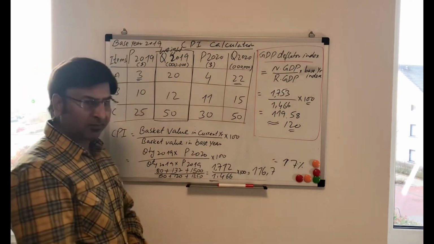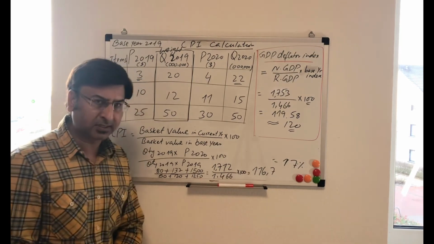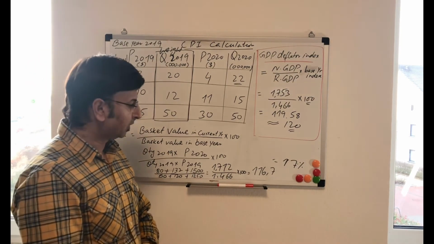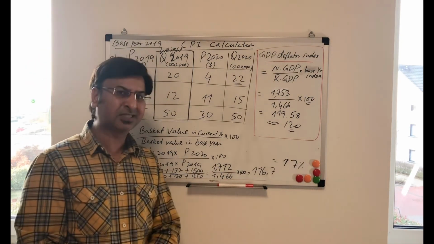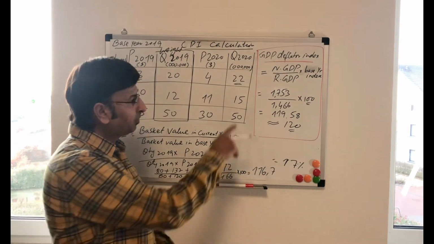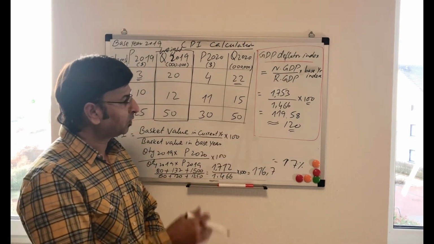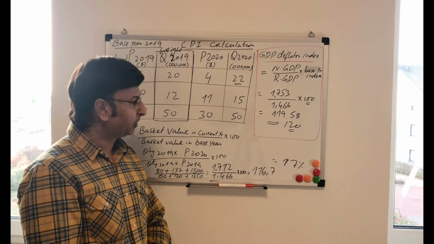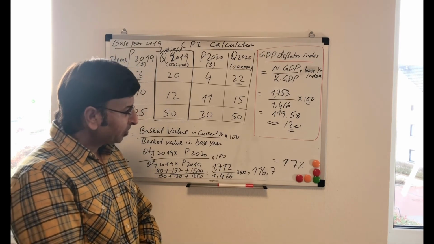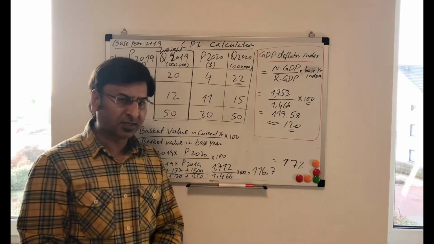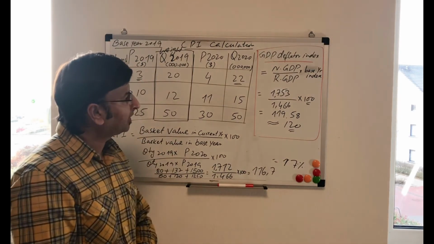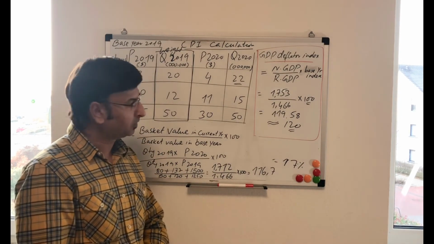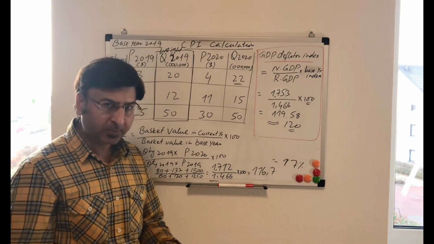And after putting the values in the formula, you could see that the index is 116.7 as compared to GDP deflator, which was 119.58. So approximately inflation is 17% by CPI, and in GDP deflator it is 20%.